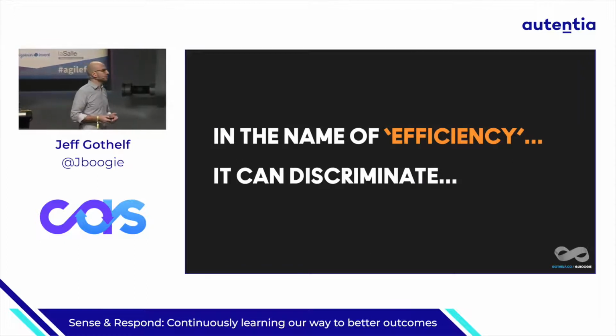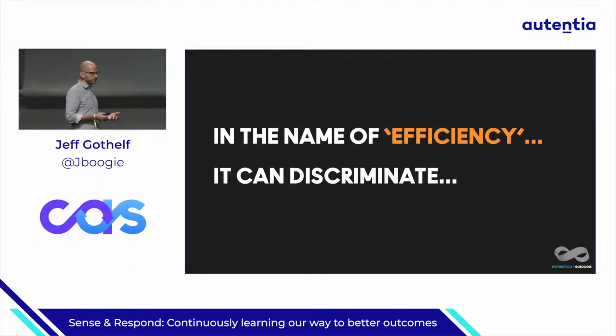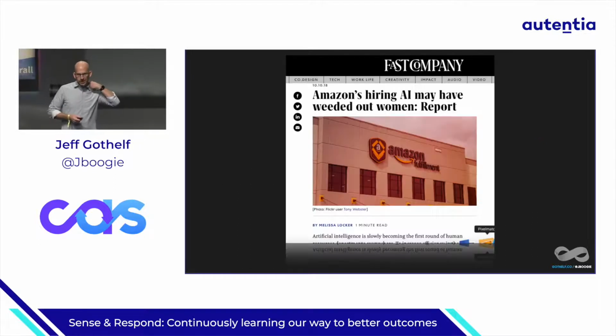Let's talk about efficiency. One of the things that a lot of organizations drive for is efficiency. How can our staff be more productive, to spend less time on work and move things forward, right? This is particularly true if you work in HR in a large company and you're trying to sort through a large number of CVs. Somebody wrote an AI algorithm at Amazon to sort through the tens of thousands of CVs that they get every week.